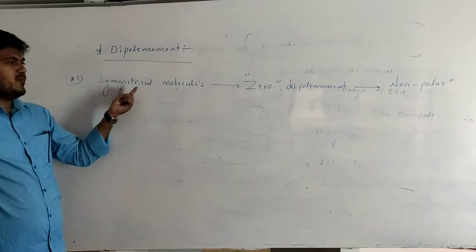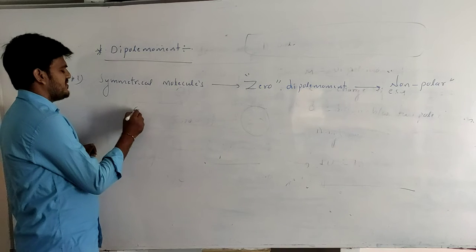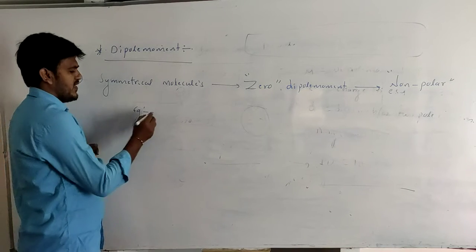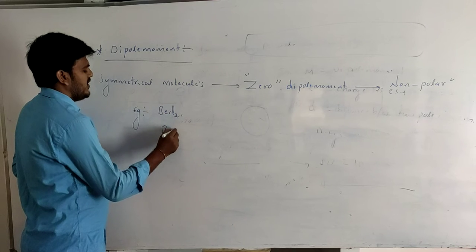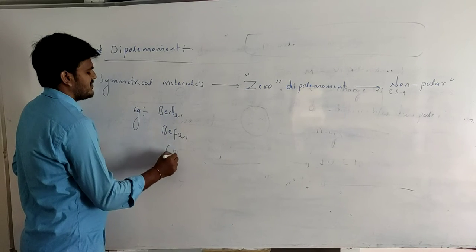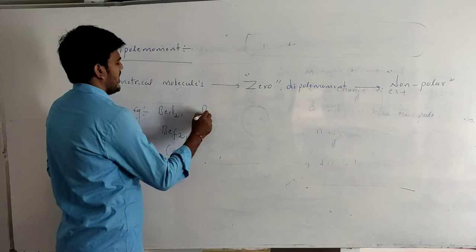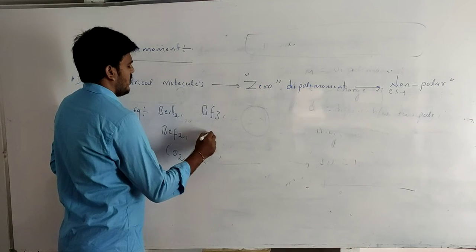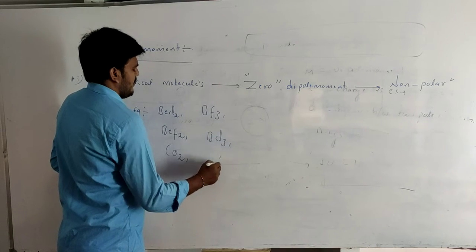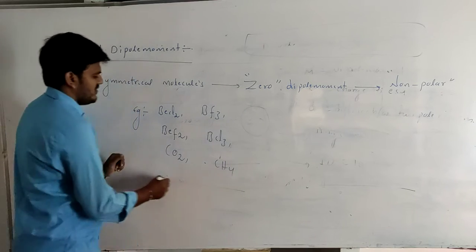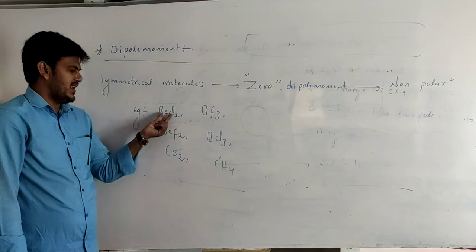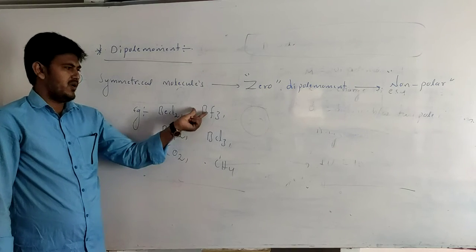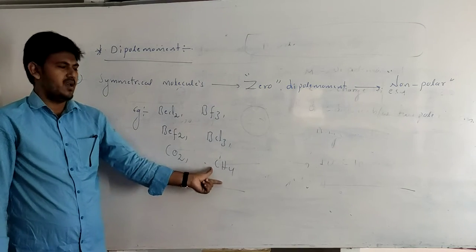Best examples of symmetrical molecules: beryllium chloride BeCl2, beryllium fluoride BeF2, carbon dioxide CO2, boron trifluoride BF3, boron trichloride BCl3, methane CH4. So these are symmetrical molecules, with symmetrical structures: linear, trigonal planar, tetrahedral, without distortion.